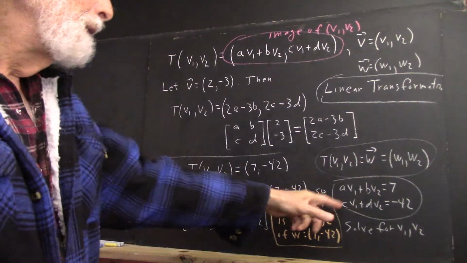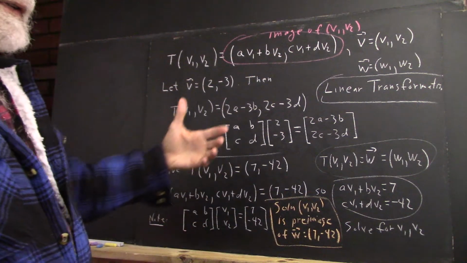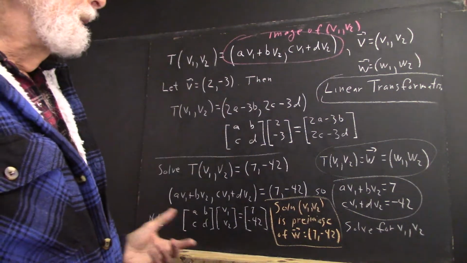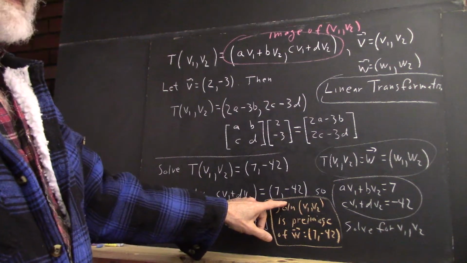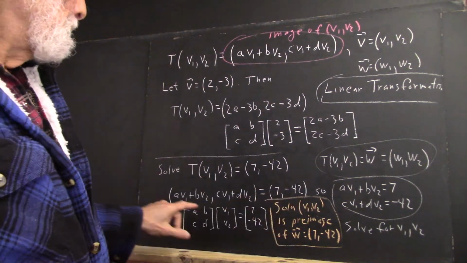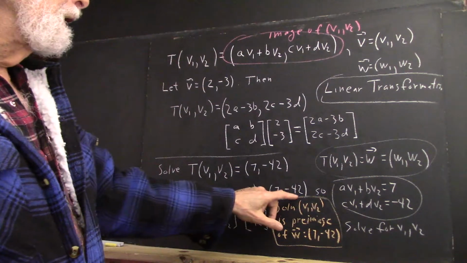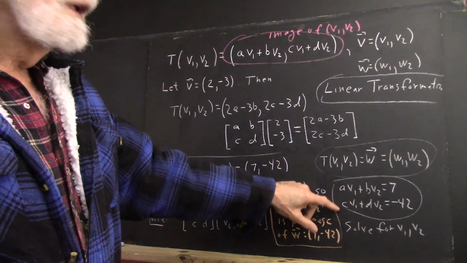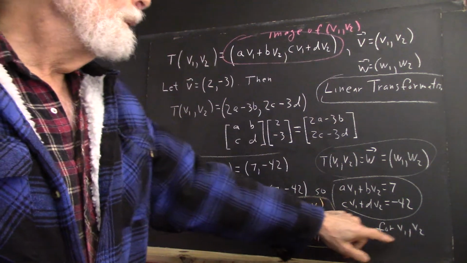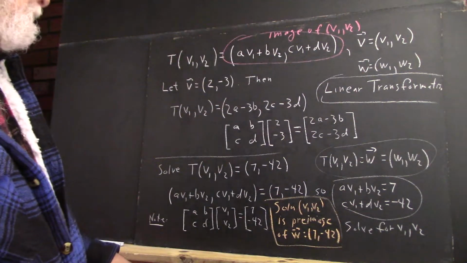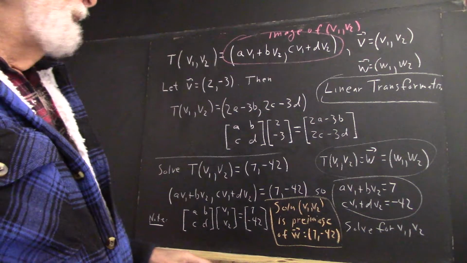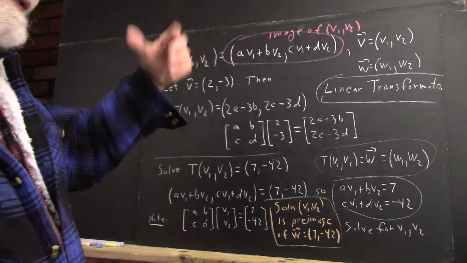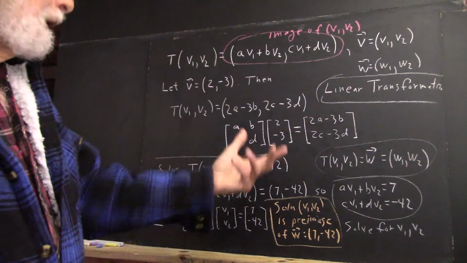And we see that we can reduce the process of doing the preimage to this equation, which means the first component equals the first, second component equals the second. We get two simultaneous equations. We can solve for v1, v2. Maybe we get a solution, maybe we don't. Maybe we get a degenerate solution, a solution that gives us one free variable.